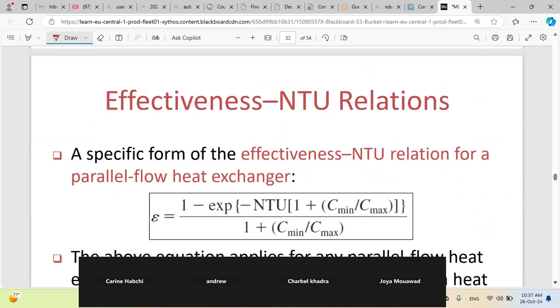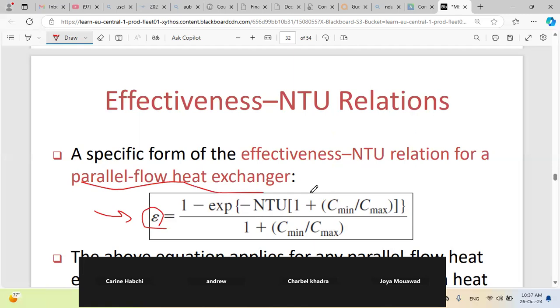Now, as I told you, epsilon will be given for you in empirical relations or in graphs. So, for example, a specific form of the effectiveness-NTU relation for a parallel flow heat exchanger. This also will be given for you in the exam in the appendix. In the appendix, they will give you for different types of heat exchangers the formula relating epsilon to NTU and C minimum over C max.